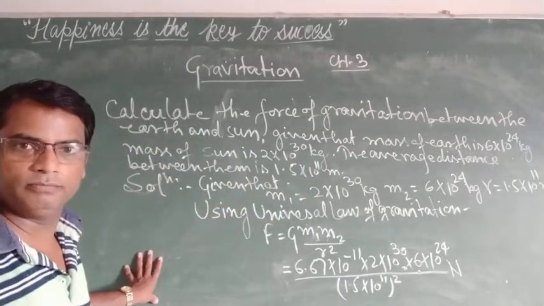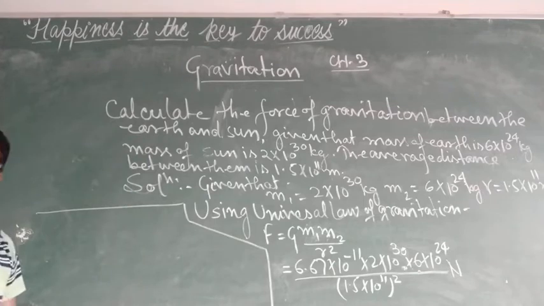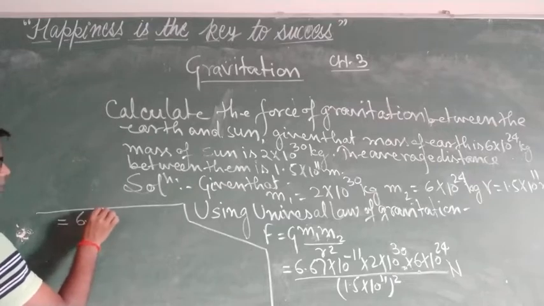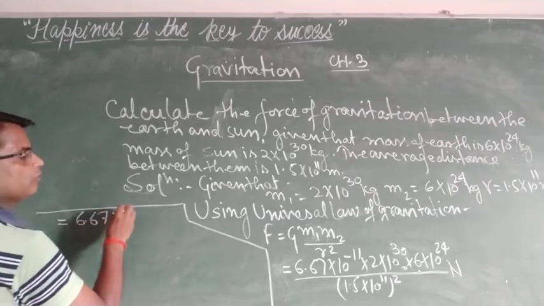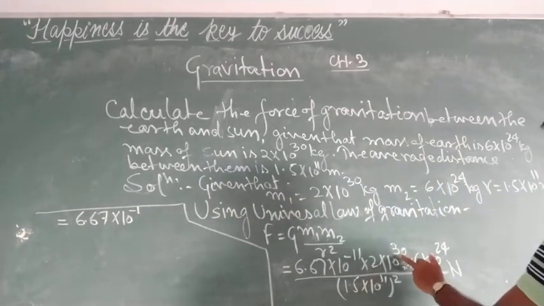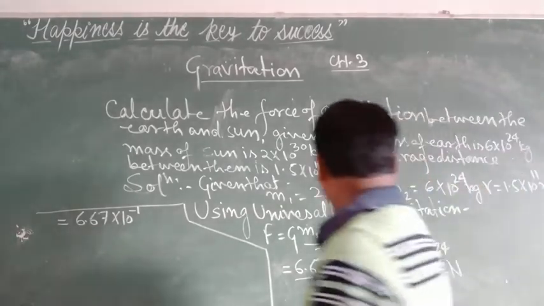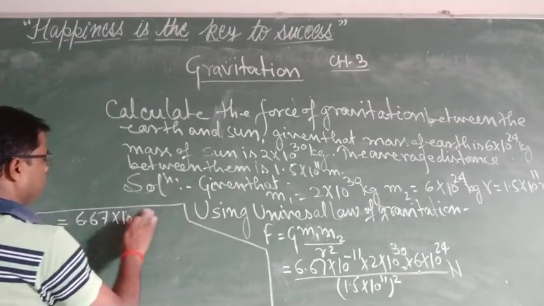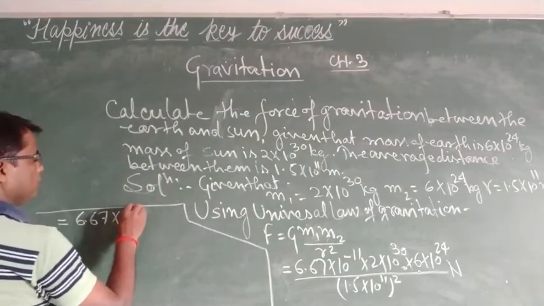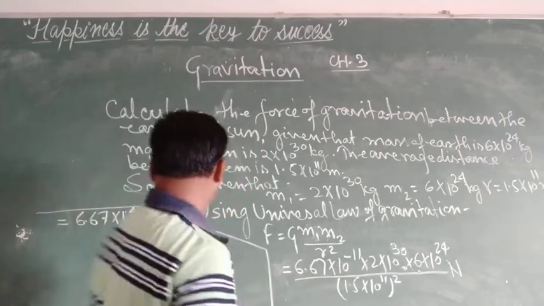See the calculation here. First add the powers: 30 plus 24 is 54, minus 11 gives 43. So 10 to the power 43, into what remains: 2 sixes are 12.